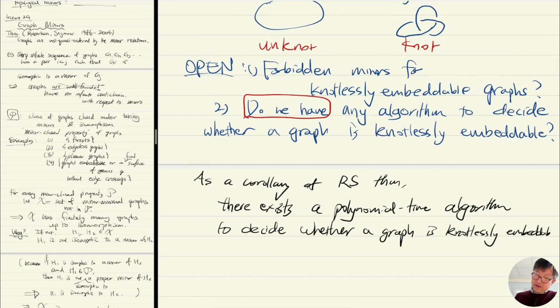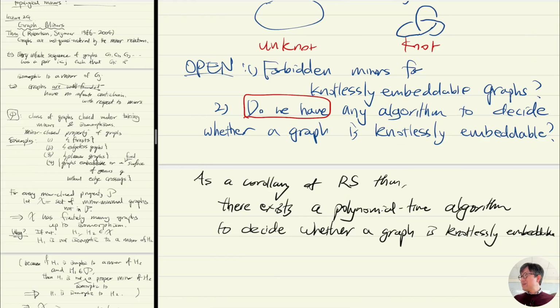Why? Because the list of forbidden minors is finite, and you can use the algorithm to decide minors to check one by one. For each of the forbidden minors in the list, you decide whether this is a minor or not. Now, the problem is that the list of forbidden minors is not provided by the Robertson-Seymour theorem.